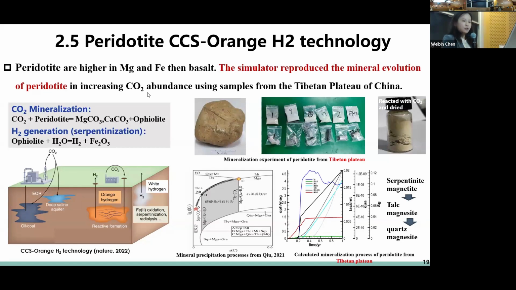Our results show that the precipitation minerals will first be serpentinite, and then finally become the pearls and the magnesium.